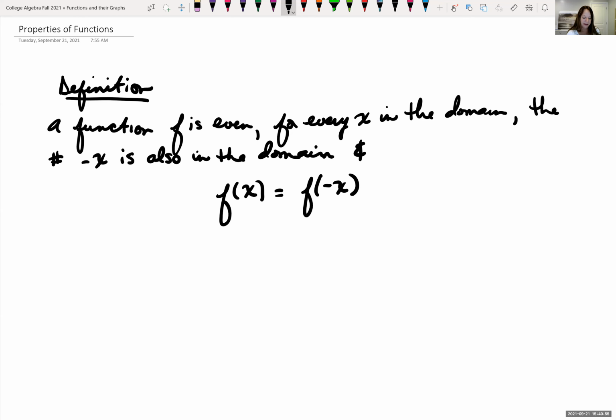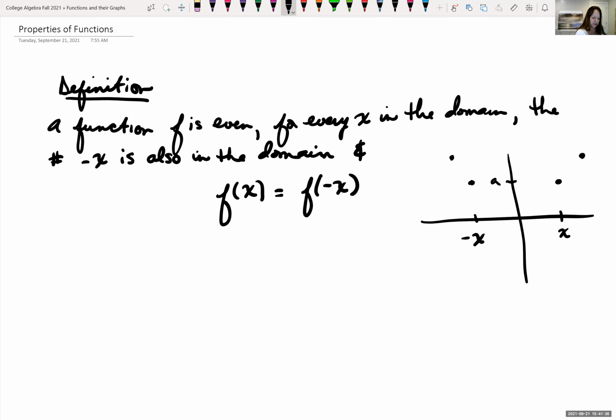Well, let's just talk about that for a second. So that's saying if we have some value x, let's say on the graph here, that x value, negative x, also has to be on the graph, and it has to be the same y value. And so notice any value that we plot over here is going to be a mirror image across this y-axis.